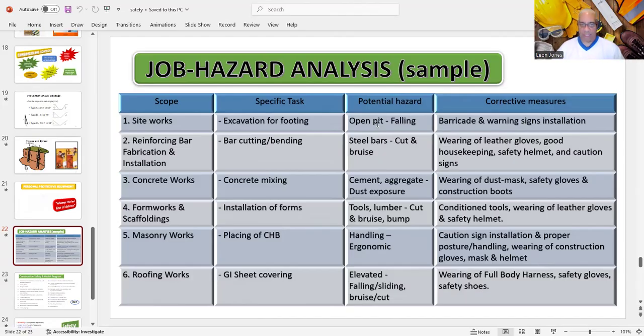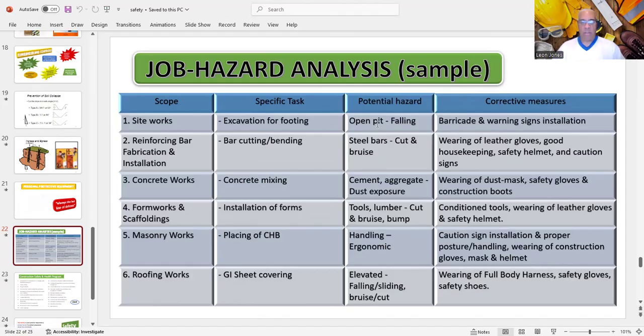Formwork and scaffolding. That's your false work or your temporary work. So your task is to install the forms for concrete. However, there's a chance that you could get cuts and bruises, bumps, and you could get splinters. Then you have the wrong tool that you're using. Now, the corrective measure is conditioned tools, wearing of leather gloves, and the safety helmet. Then you have masonry works.